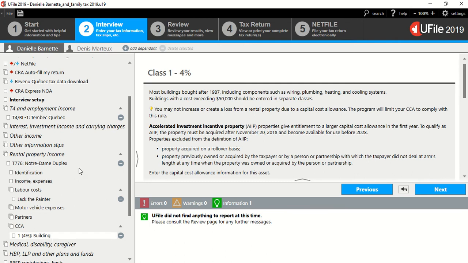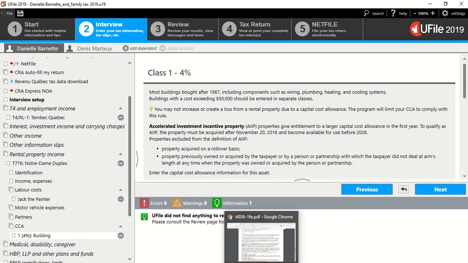Now, there is a fallacy out there that goes by the tune of do not claim CCA, because if you claim CCA, more likely than not, you'll have recapture when you sell this property. I'll say a couple of things about that.